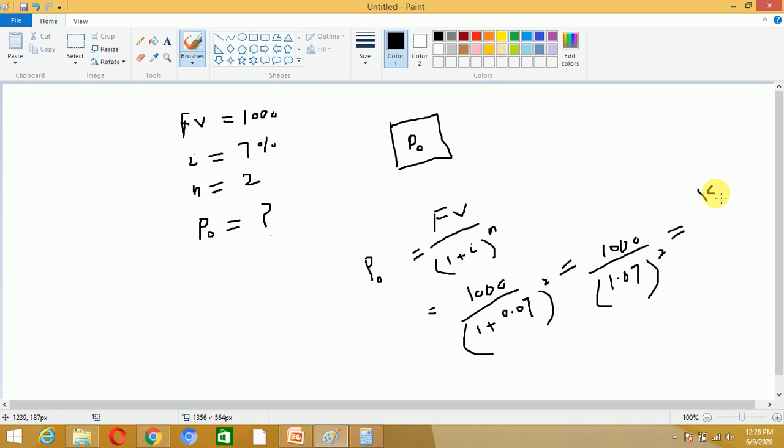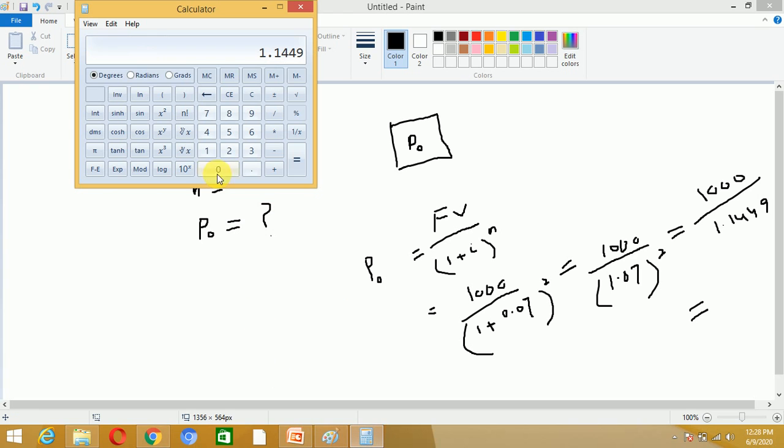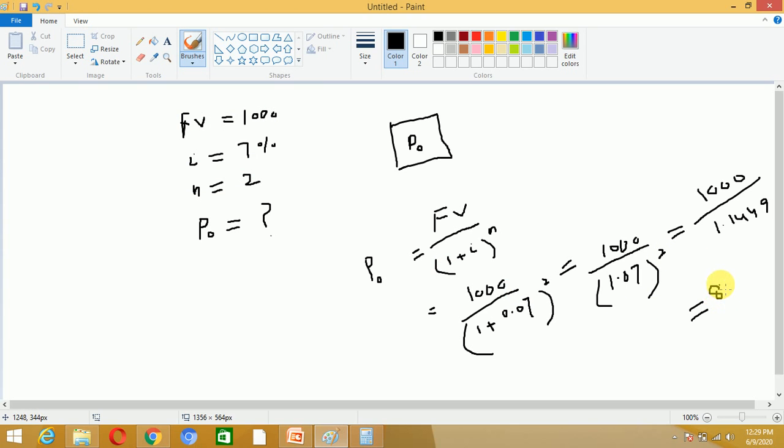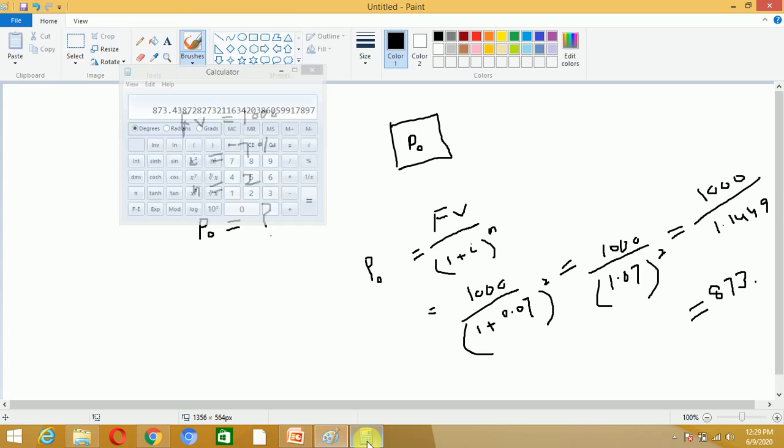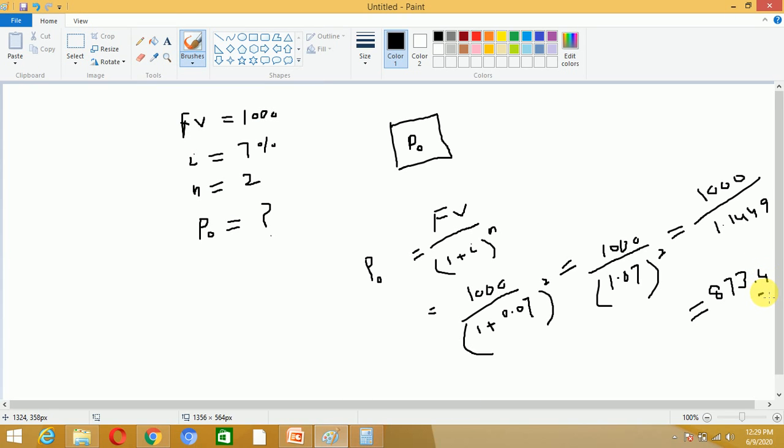So 1000 divided by 1.1449, so we will get how much? 873.43.